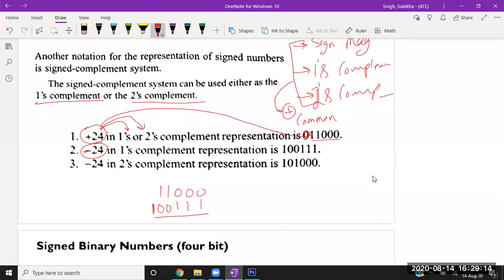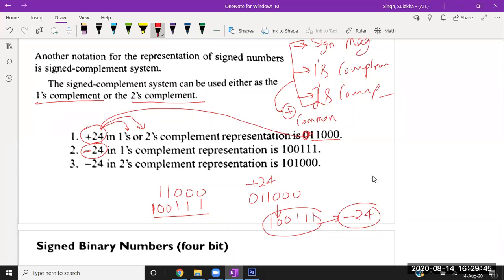Another way is to write positive 24, then take the ones complement of this positive 24, and you will end up with this. So this is your minus 24.